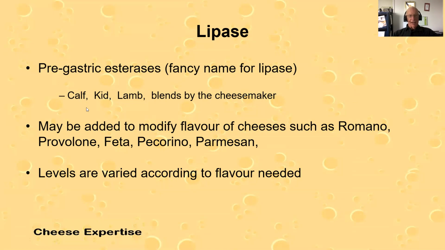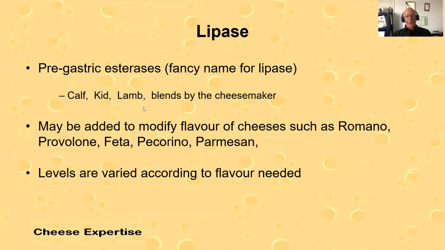But when these animals are slaughtered, which they often are, the lipase or pre-gastric esterase is extracted and purified, and the cheesemaker can actually blend these or use individual enzymes from different sources to create different flavors.